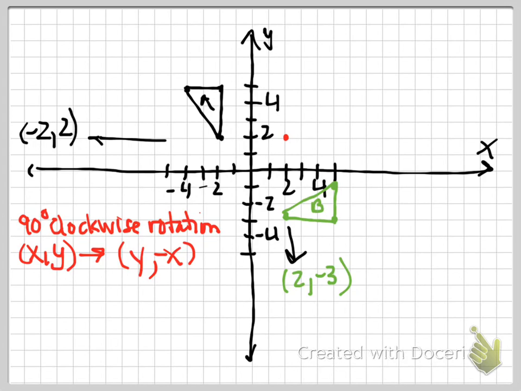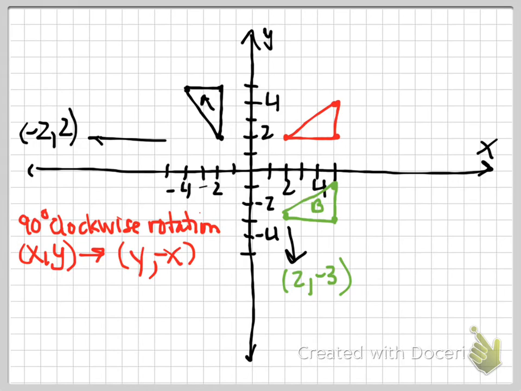So he's going to go 5, 2. And then this point's at negative 4, 5. So we're going to swap, and we have 5, negative 4, and then negative 4 is going to become positive 4. So we go 5, 4. So that's what the intermediate rotation would look like.